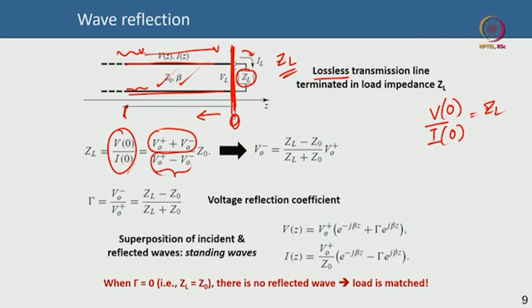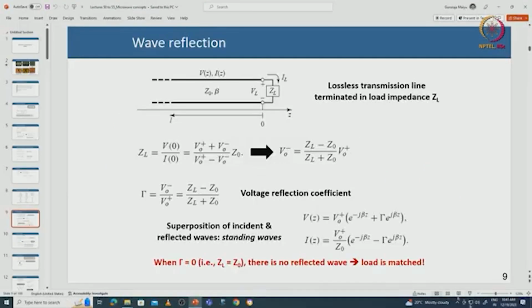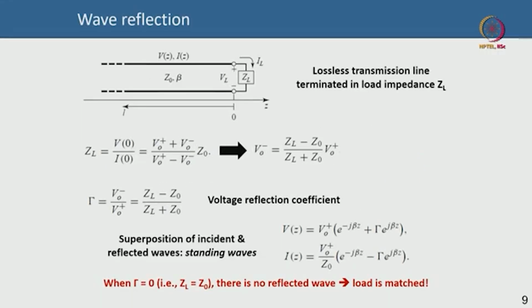The difference of the two, V0 plus minus V0 minus, divided by Z0, the characteristic impedance of the line, gives you the current that is flowing. So, this current has to divide this voltage, and that is why you get an expression like this.